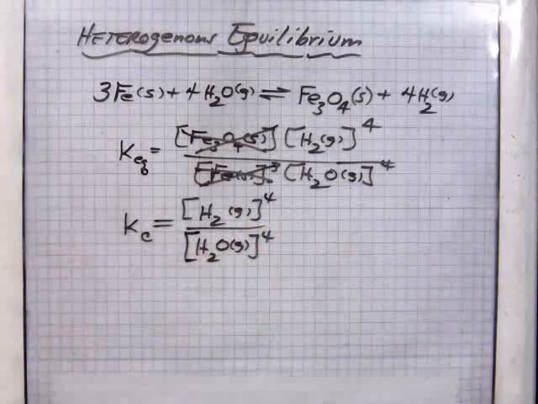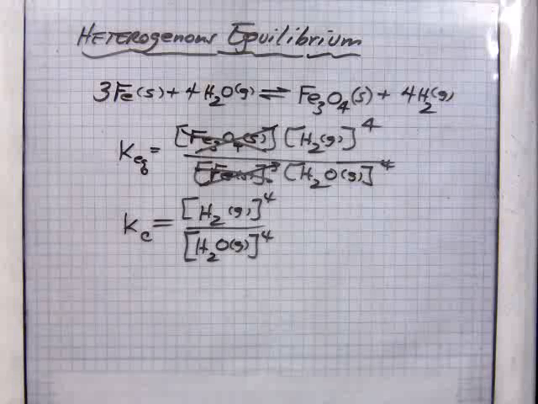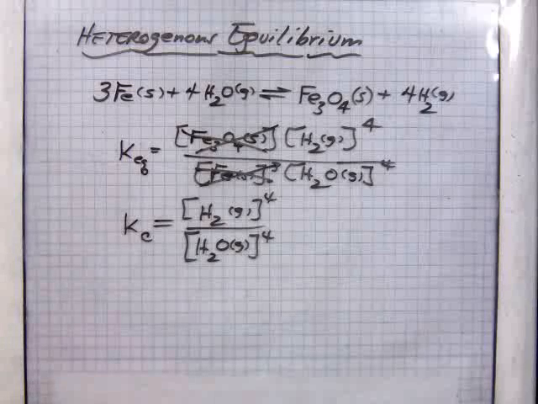So anytime you have a reaction that has mixed states of existence, ignore solids and liquids and write your expression in terms of the gas phase. Example is evaporation of water, for example, or condensation. I'll use condensation because it gives a reciprocal factor.